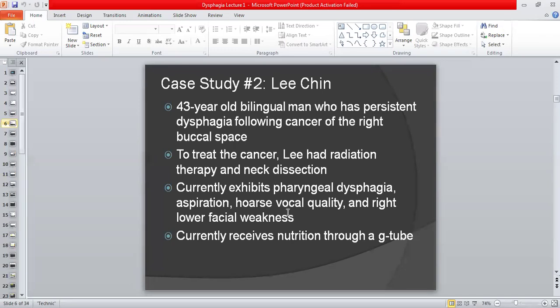The next thing is hoarse vocal quality. Now, hoarse vocal quality is another indicator that vocal cords are inflamed. Why are they inflamed? They can be inflamed for a number of reasons, but in this case, it seems that the radiations or the medication has somehow affected his vocal quality by affecting his vocal cords, which added to the hoarseness of his voice, and right lower facial weakness. And as a result of the surgery, the patient is reporting lower facial weakness.